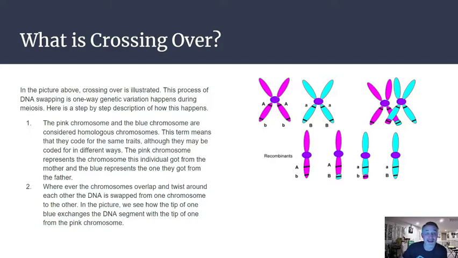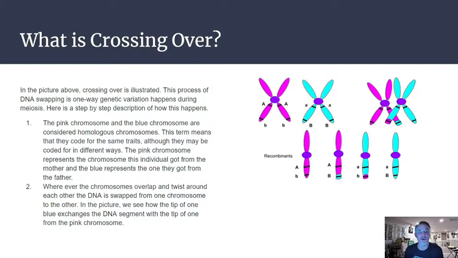This term means they code for the same traits, although they may be coding for different characteristics. For example, with blood typing, you could be a carrier for the O blood type, but have blood type A on your other chromosome. So this means that they code for the same traits, even though they may code in different ways, right? The pink chromosome represents the chromosome this individual got from his mother, and the blue represents the one they got from their father.